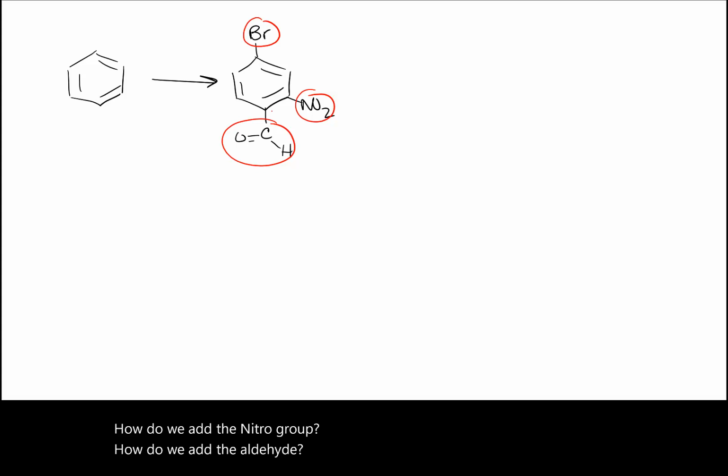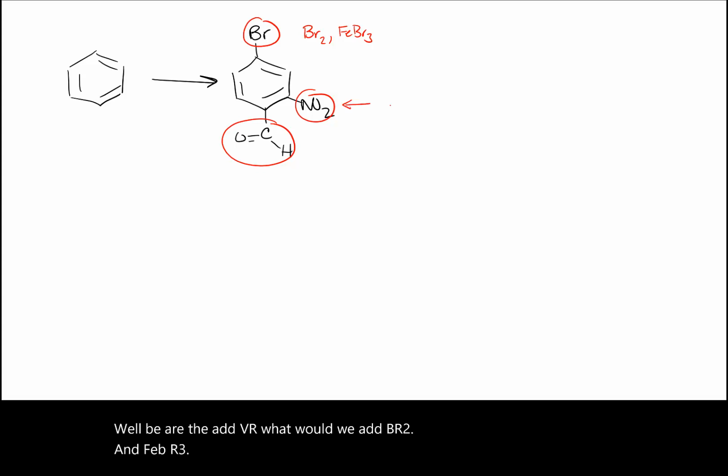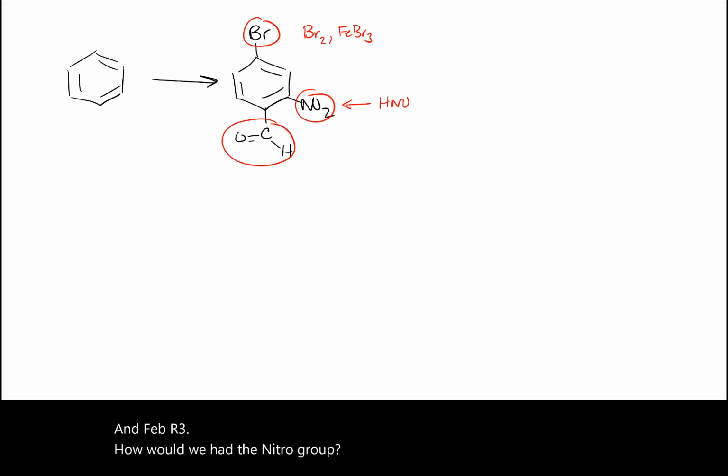Well, to add Br, what would we add? Br2 and FeBr3. How would we add the nitro group? Nitric and sulfuric acid. How would we add the aldehyde?